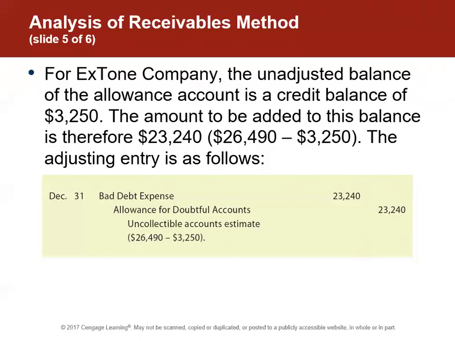So we have to consider this balance, because what we want here is, when we are done doing our adjusting entry, this is the amount we want to be in our allowance for doubtful accounts. When we use an aging or an analysis method for accounts receivable, the uncollectible estimate we come up with is what we want as our ending allowance for doubtful accounts balance.